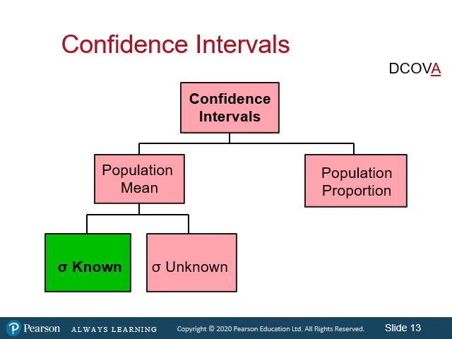When we calculate a confidence interval, there are two formulas that we can use for the population mean. One is when the sigma is known, and the second one is when the sigma is unknown. We will first look at the formula to calculate the confidence interval when the sigma is known.